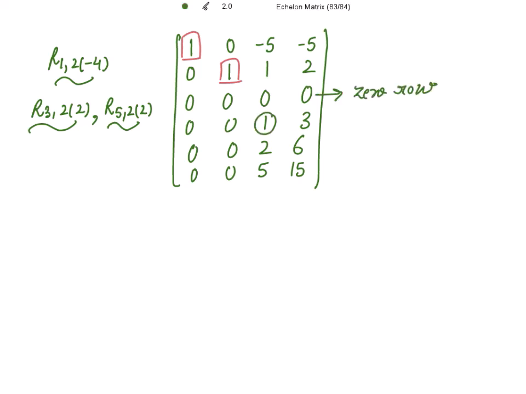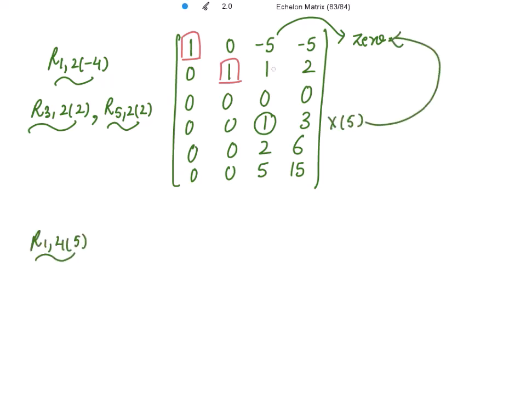This one is the leading entry for the fourth row, right? To make this to be the leading element, I need to make all other entries to be 0. Alright, to get 0 in place of -5, just multiply the row 4 with 5 and adding its elements to the first row. To get 0 in place of 1, just multiply the row 4 with -1 and adding its elements to the row 2.